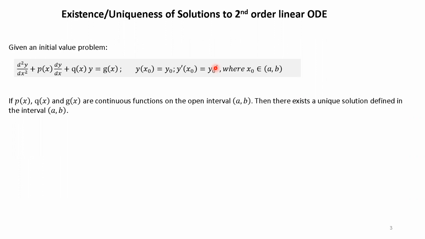First, you need to specify the initial position: at some t equals 0 or t equals t naught, where is it? And then you also need to specify the initial velocity, at the same initial time t naught. So your initial condition requires you to give me two numbers in the second order ODE.